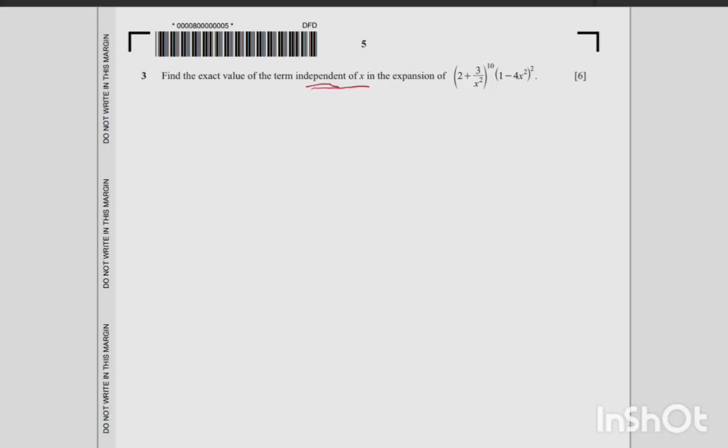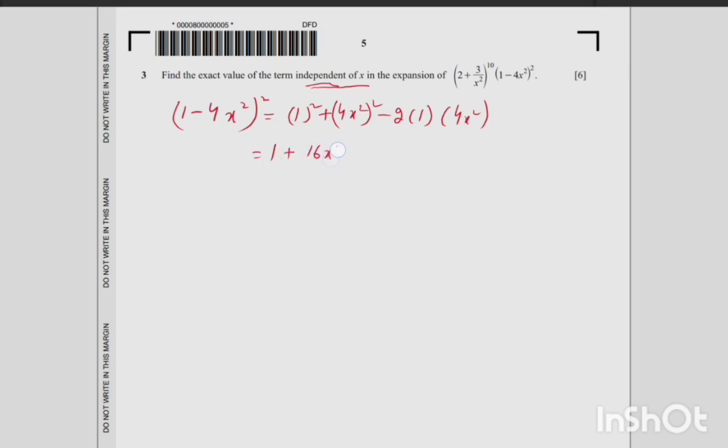Only the constant term. First of all, 1 minus 4x square, whole square: 1 square plus (4x square) square minus 2 into 1 into 4x square. So 1 plus 16x to the power 4 minus 8x square. Using ascending order, 16x to the power 4.